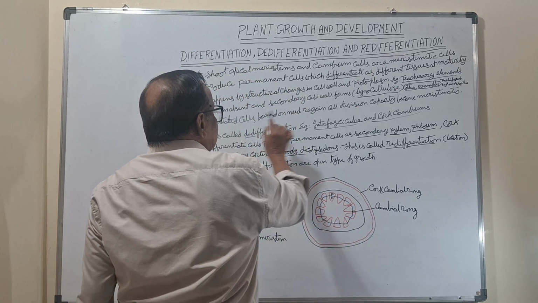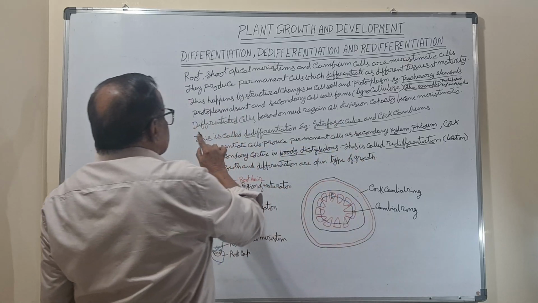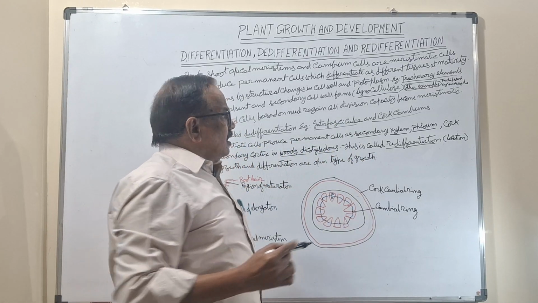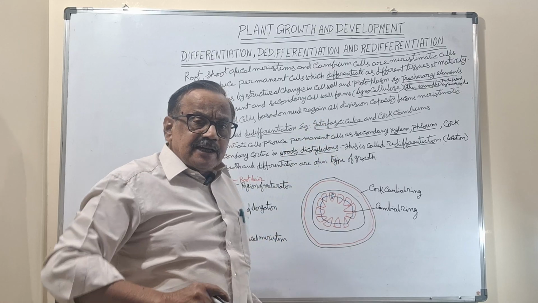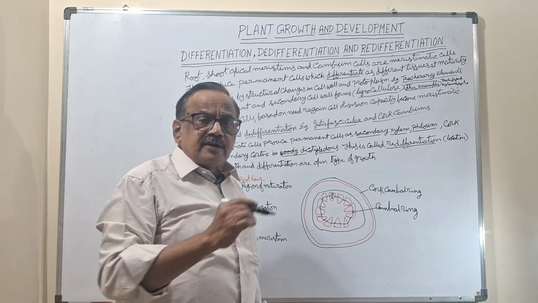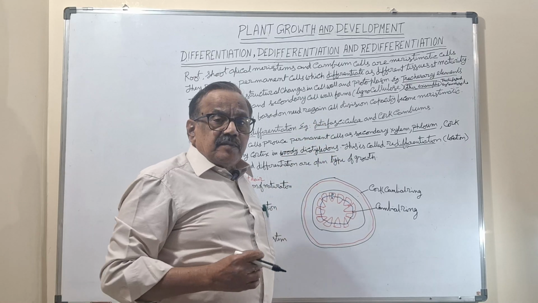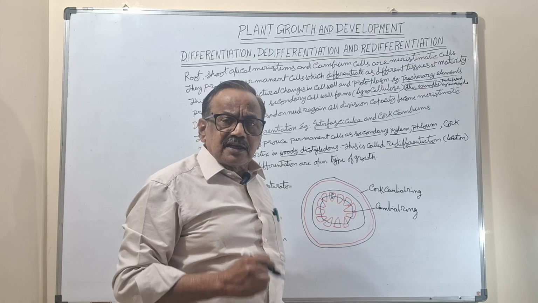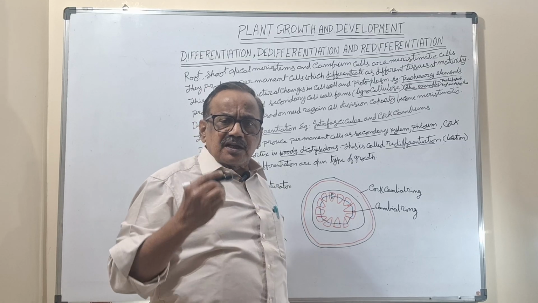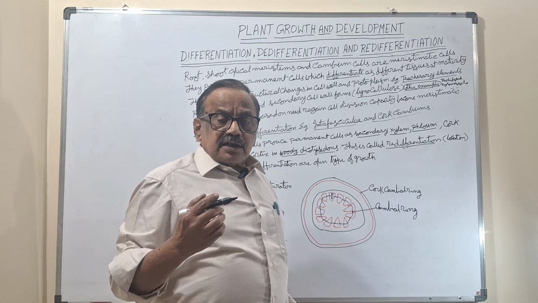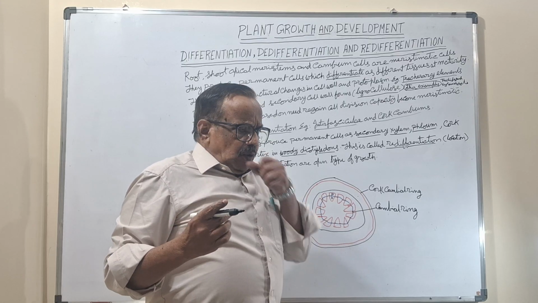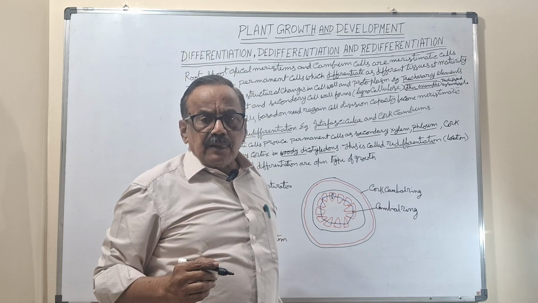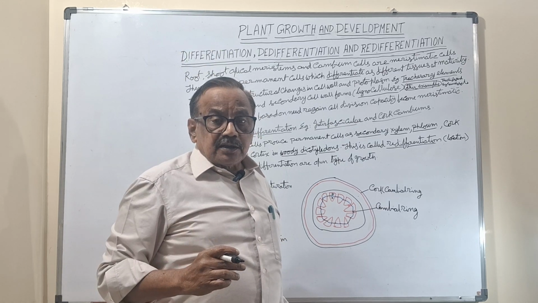Next it is differentiation. You came to know how it is different. Now, why is it differentiating? Because of its work. The tracheary elements are useful for the conduction of water from the root to the shoot. The height of the stem may be 330 feet in eucalyptus and others.